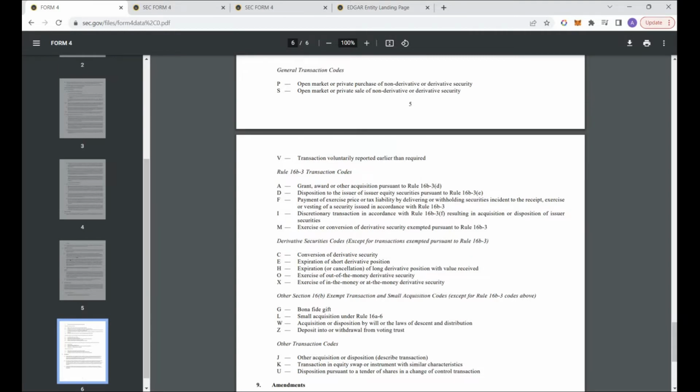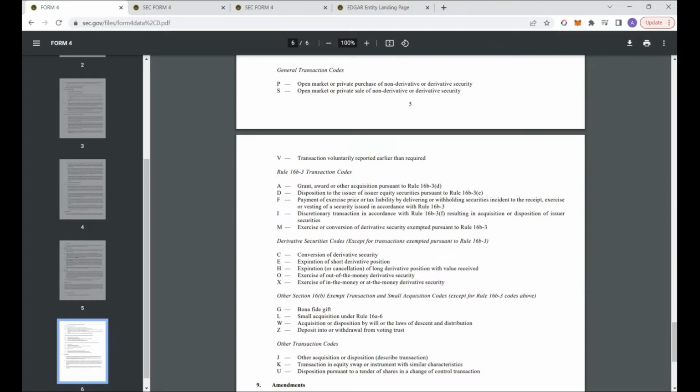Now, this transaction code isn't as common for large companies like Apple, Microsoft, Google, Amazon, those type of companies, because insiders already receive a lot of shares through the stock compensation plan. But you will see this transaction code more often in smaller companies, like small cap companies, mid cap companies, where insiders may potentially buy shares to signal that they're bullish on the company.